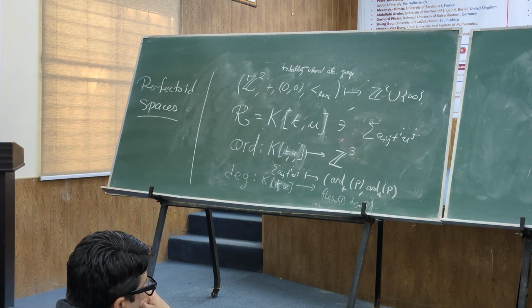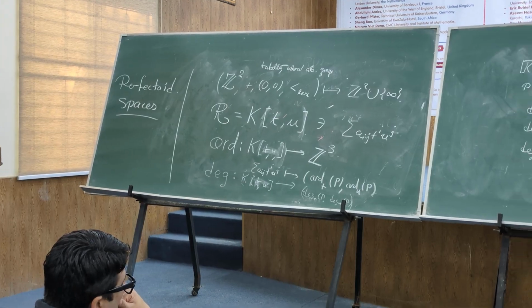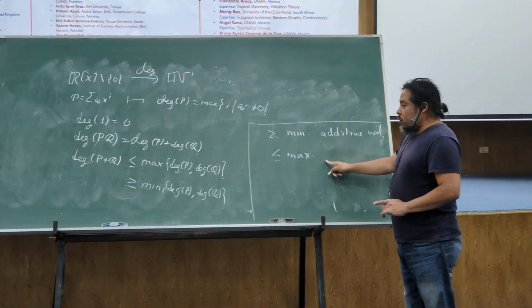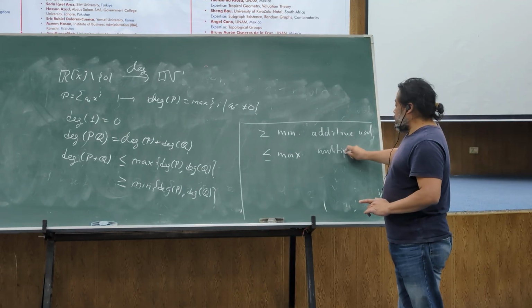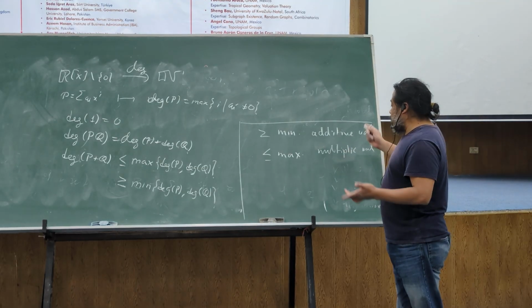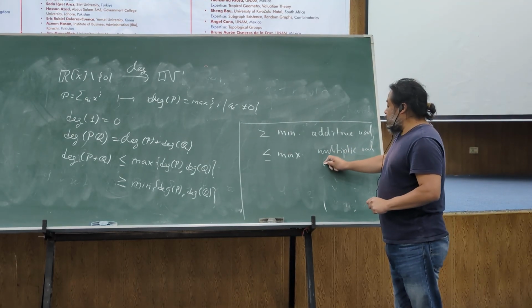So this is just math, and I will need this for later. This is called an additive valuation, and this is called a multiplicative valuation, or absolute value.